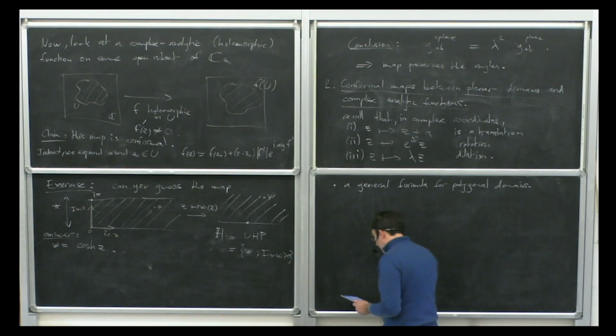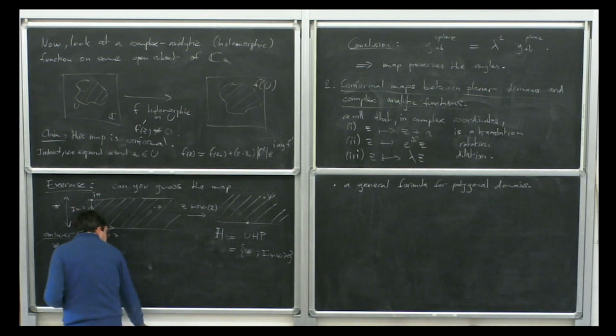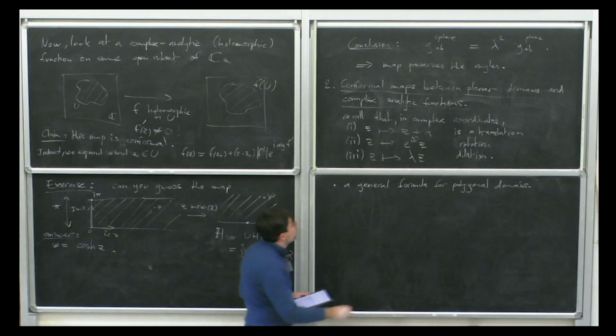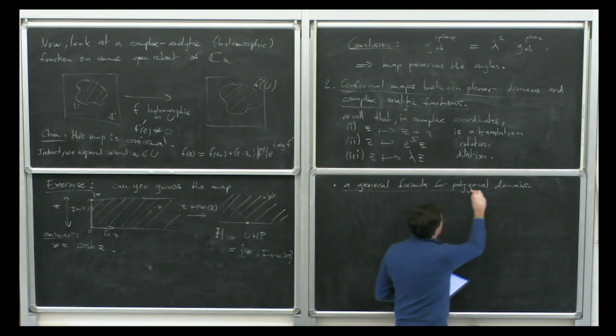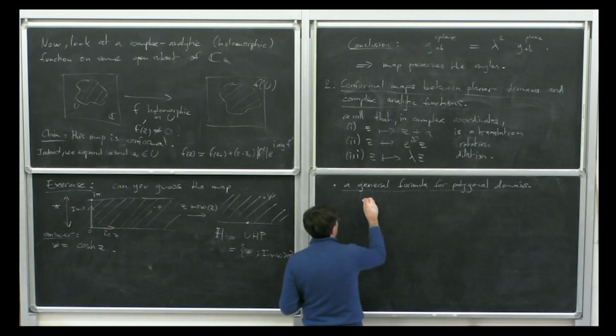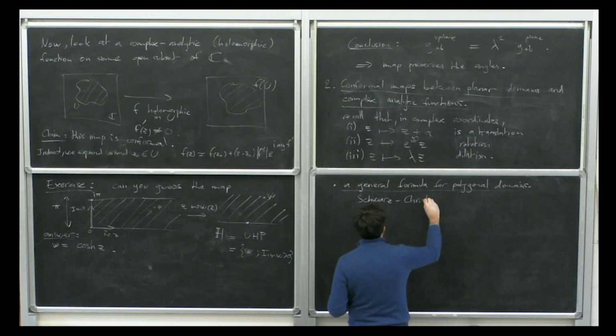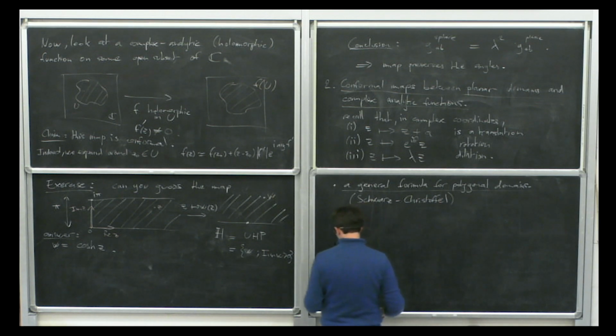And this formula has a name. Anyone knows the name? Yes. Thank you. This is called the Schwarz-Christoffel formula. So how does this work?